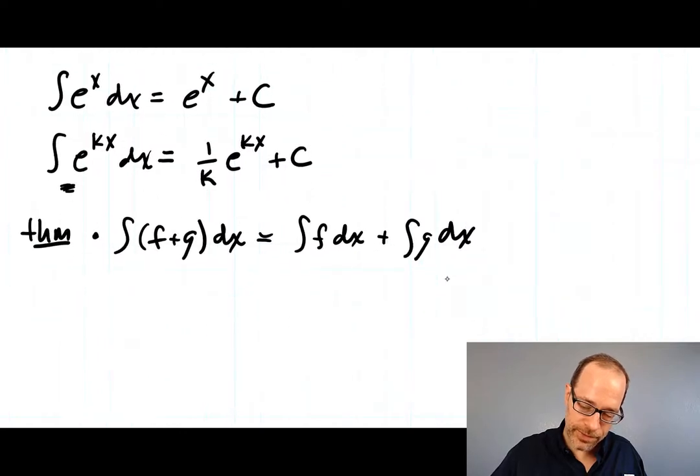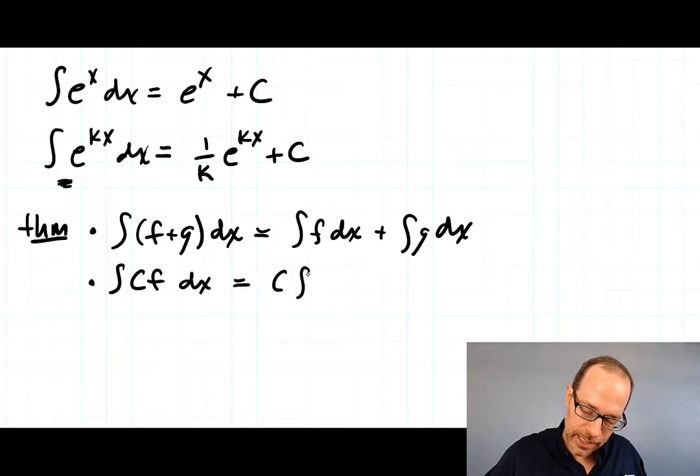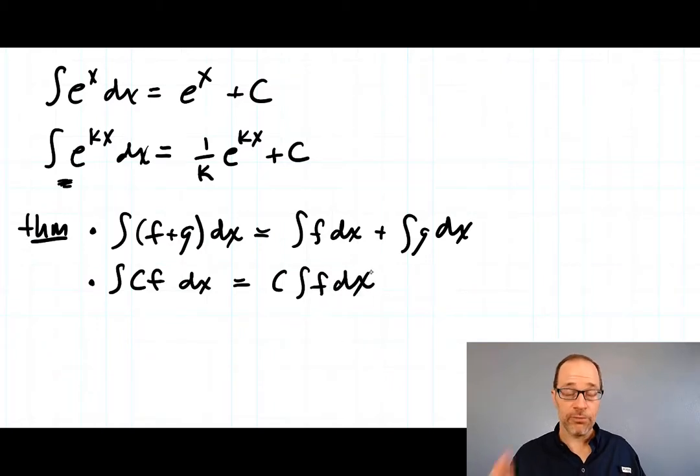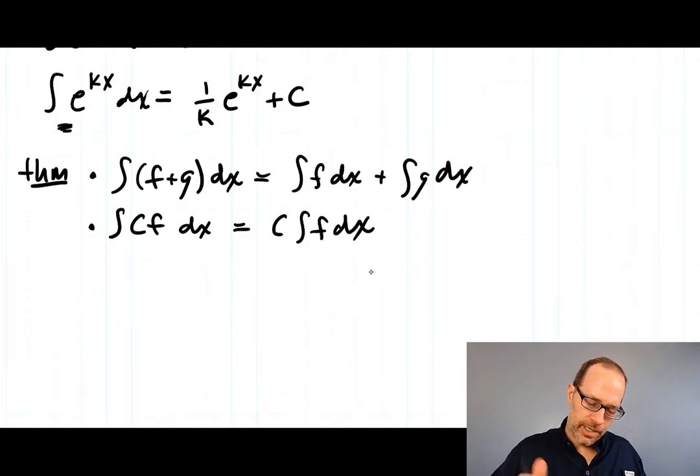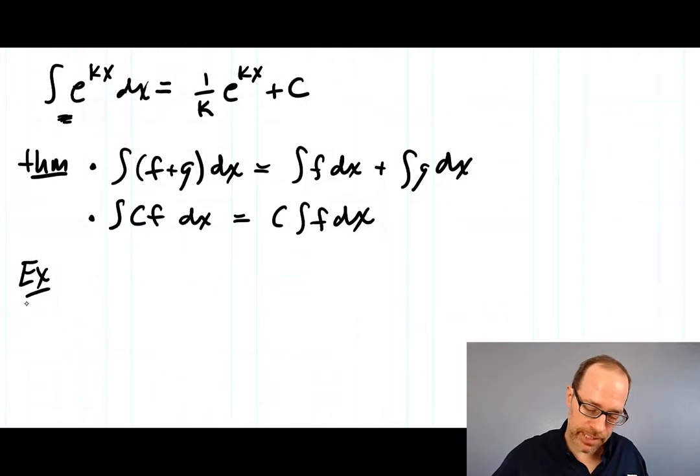That's because the derivative of a sum is the sum of the derivatives. And the integral of a constant times f is the constant times the integral of f. Again, constants pull out, but only constants. They're the only things that pull out, just like definite integrals. All right, so this lets us do more complicated looking examples.